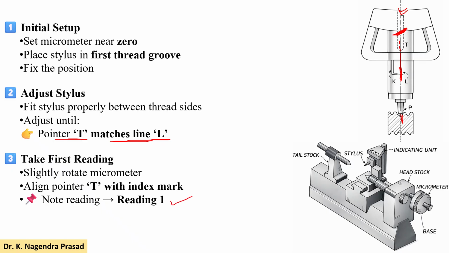After alignment of the stylus, slightly rotate the micrometer, and the movement also occurs in the thread.